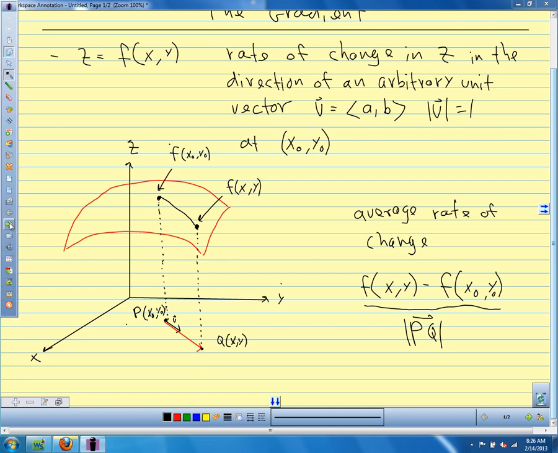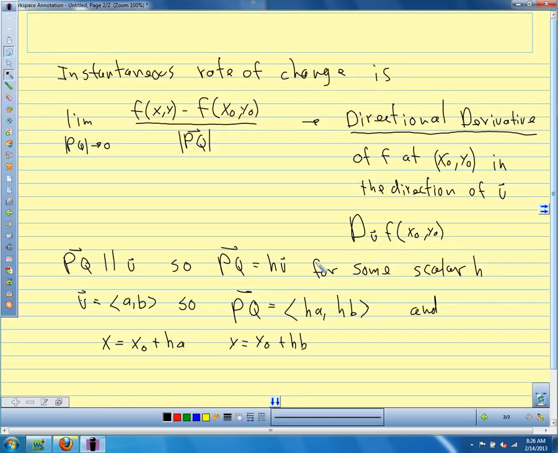And h is the distance that we travel from P to Q. That multiple tells us how much longer our vector PQ is than the unit vector. So h is our distance from P to Q.